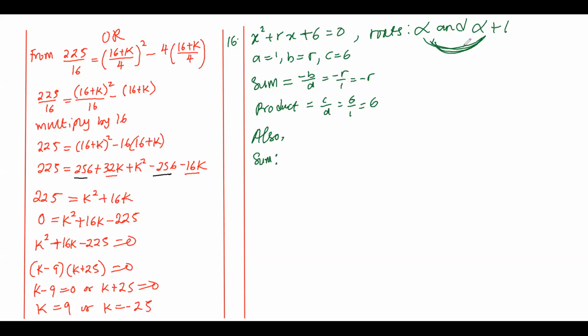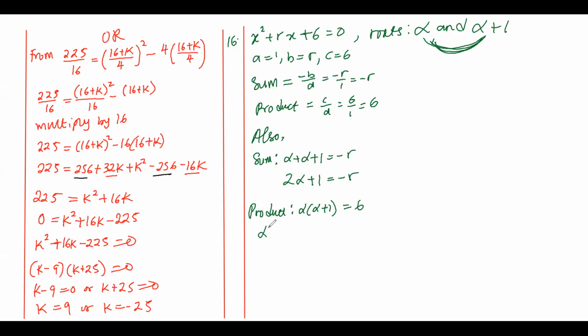So the sum means alpha plus alpha plus 1, and that is negative R. So basically 2 alpha plus 1 is negative R. Well, there's nothing I can do with this, so I leave it at that. I go to the product. The product of roots simply means alpha multiplying alpha plus 1, and that is 6. Okay, this makes sense because I only have one variable.